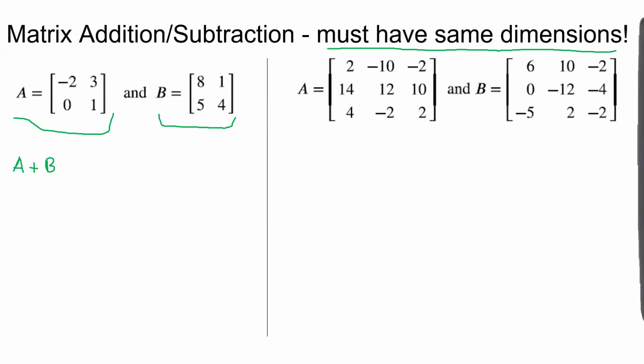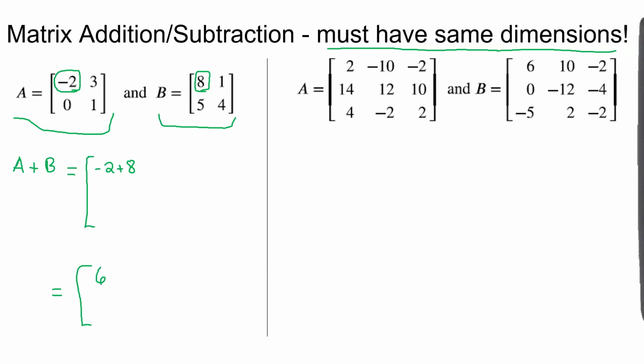And all you have to do to add 2 matrices, this is really easy, is you're going to take the first row, first column in the first matrix, and add that to the first row, first column in the second one. So right here, I'd have a -2 plus 8. And eventually down here, that will turn into a 6.